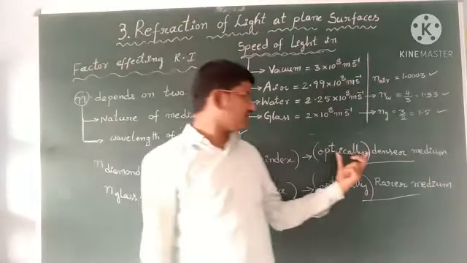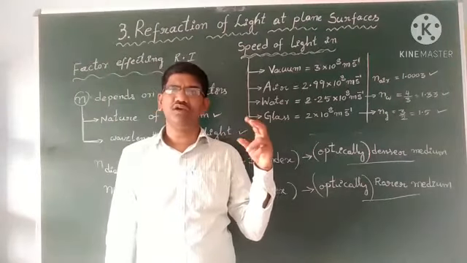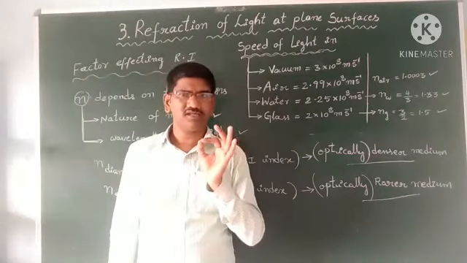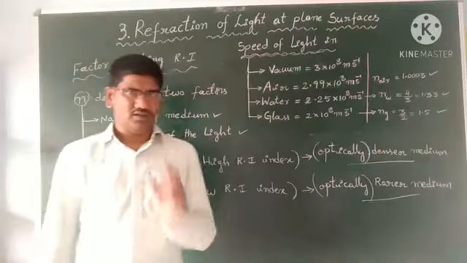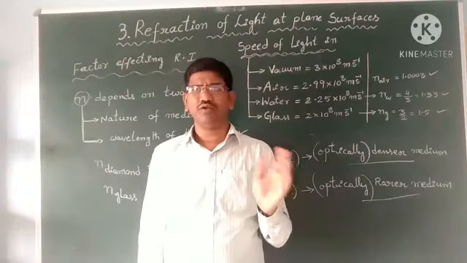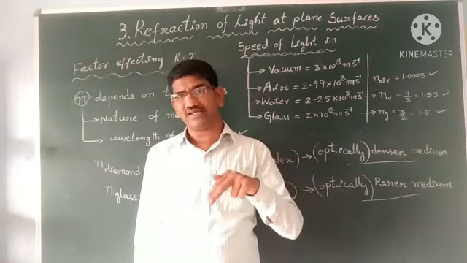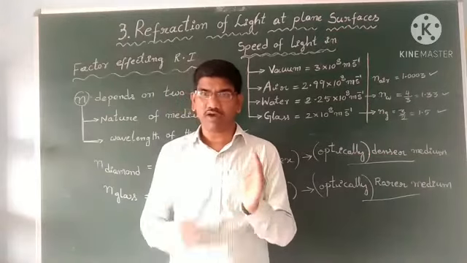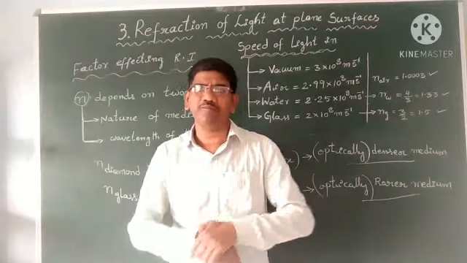So if a medium is optically denser, it does not mean it has more density. The example given in the textbook is that kerosene generally floats on water. We know that. I am speaking here of the normal densities, which is mass per unit volume.